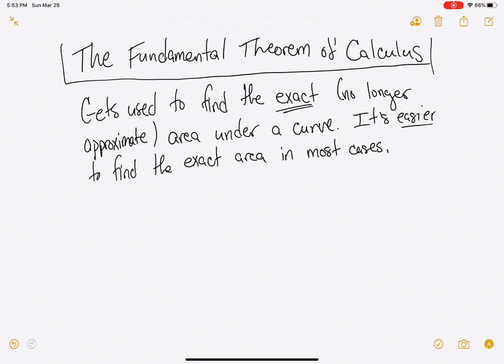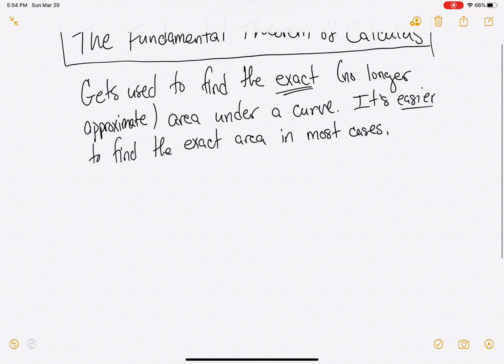I shouldn't say most, but most cases that we are going to run across. Obviously, there are all sorts of crazy functions out there that maybe we can't find the exact area of. But for the functions that we're going to come across, it's easier to find the exact area. And that's very counterintuitive, and at the same time talks about the beauty of math. So that's nice.